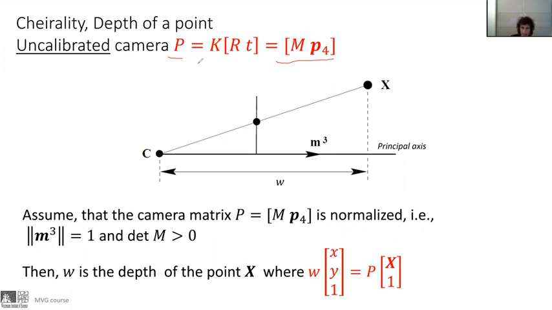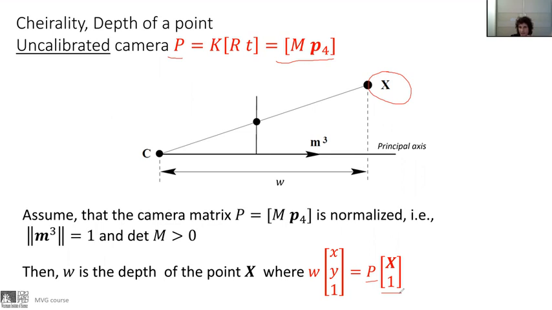So it turns out, and you will have it as an exercise to show, that if we take the camera matrix and normalize it such that the norm of the third row of the 3 by 3 part is 1 and the determinant of M, the 3 by 3 part, is positive, then it can be shown that the depth of the point X is exactly W, where W is just the third coordinate of the projection when I take P and multiply by X and 1, okay?